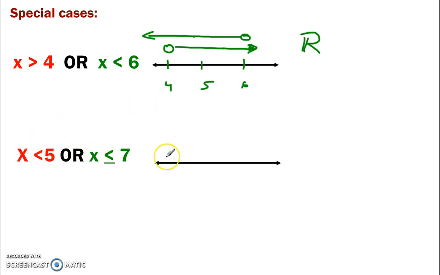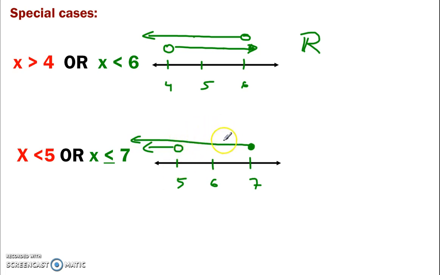This last example, we have 5, 6, 7. X is less than 5, or x is less than or equal to 7. What numbers fulfill both of these statements?